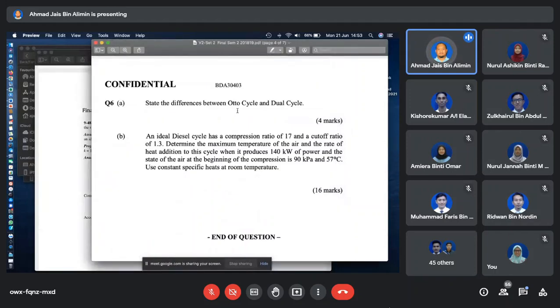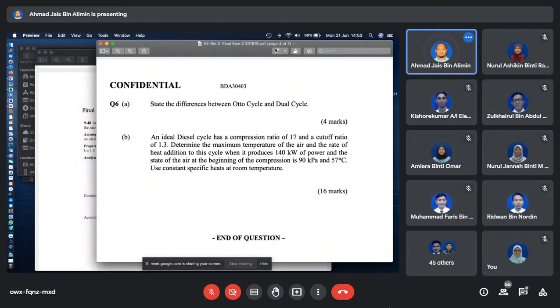You sketch the Otto cycle and the dual cycle PV diagram, and then you indicate where the heat addition process is happening. It must be at process 2 to 3 for the Otto cycle, and for the dual cycle, as the name suggests, it has two heat addition processes, 2 to 3 and then 3 to 4.